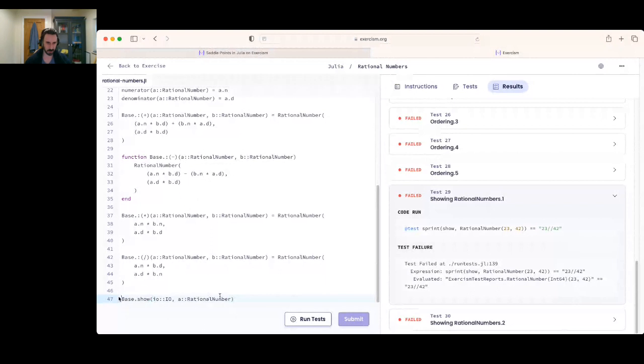All we're going to do is write to the IO, whether it's print or show or whatever it is, write to it this lovely output, and we just want, as they say, the numerator slash denominator. So that's easy enough, isn't it? Let's do $a.numerator over $b.denominator.